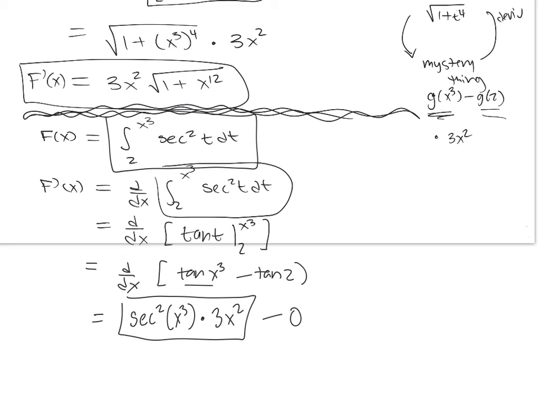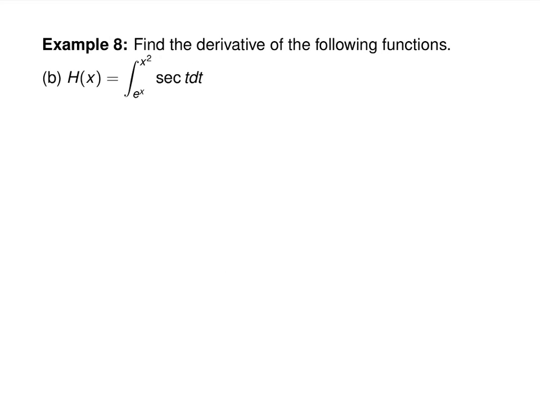This did rely on that second bound being a number. Does that make sense? In the one we have, the bounds are not both numbers.